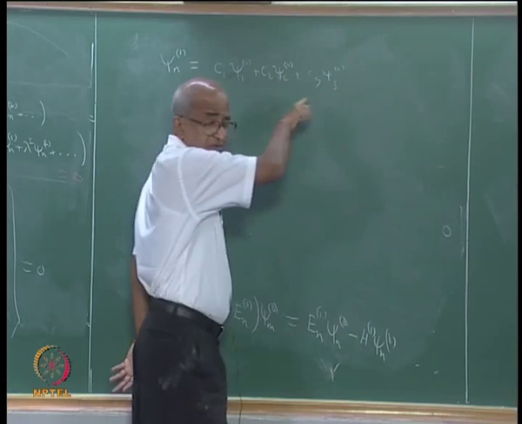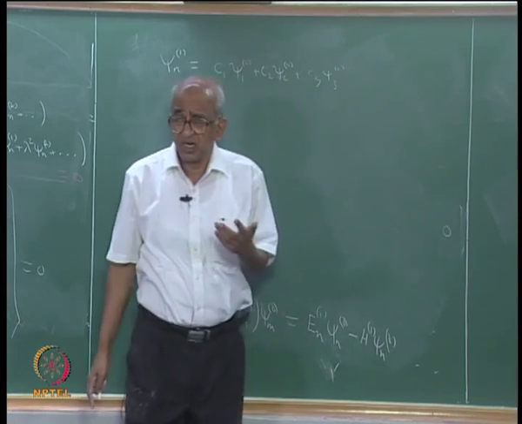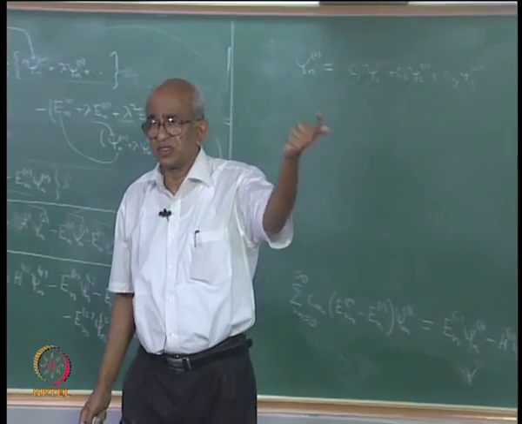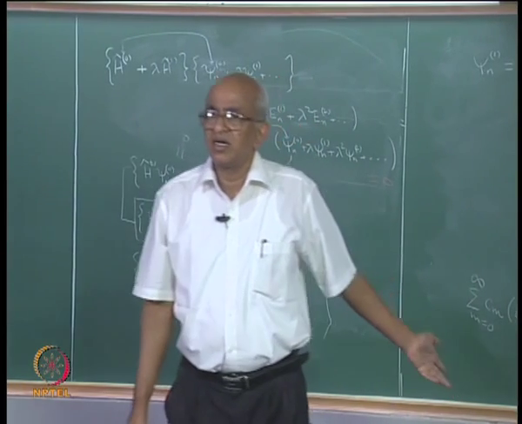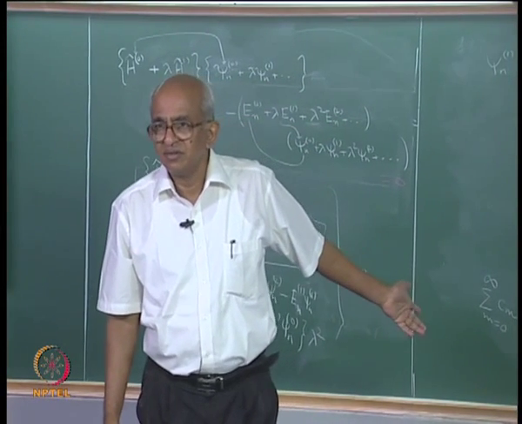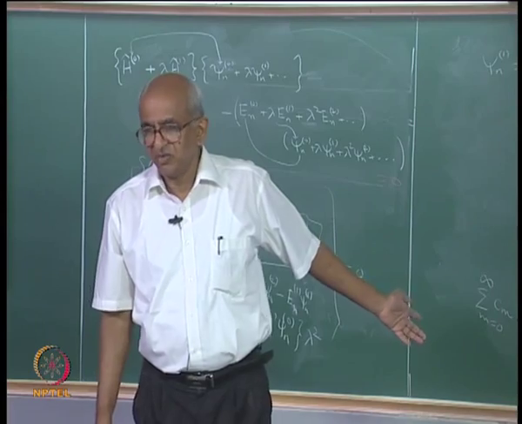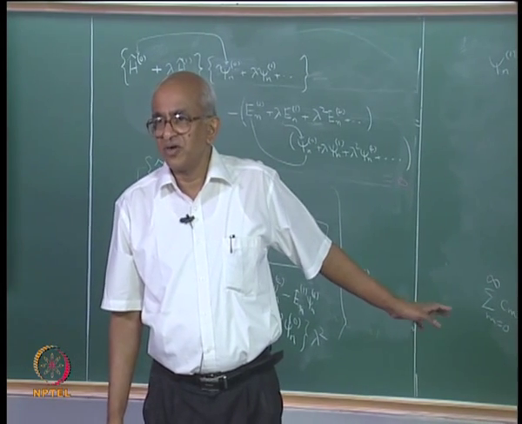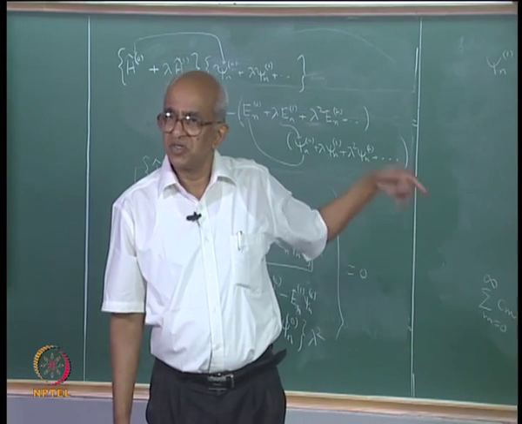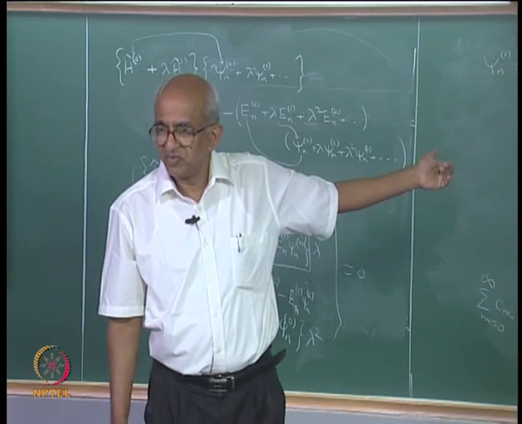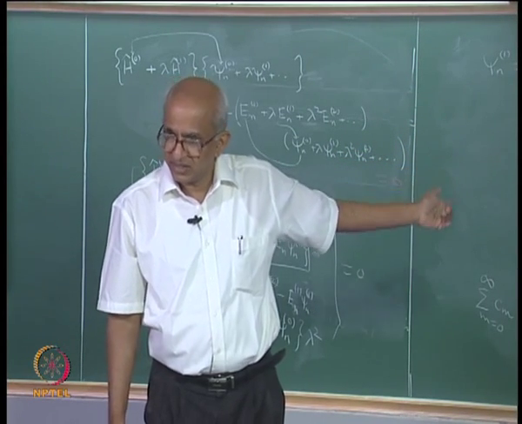So, I actually have infinite number of unknowns. What are they? C 1, C 2, C 3, C 4, etcetera. These are all unknowns, and I have only one equation. I mean, you would not believe if I told you that this one equation is enough for me to determine an infinite number of unknowns, but that is actually possible.